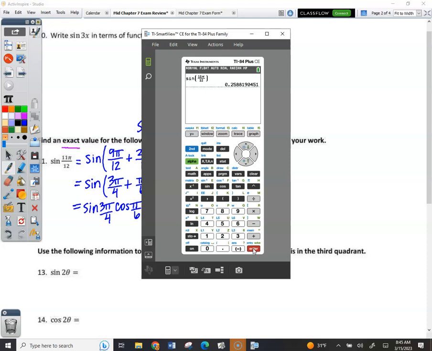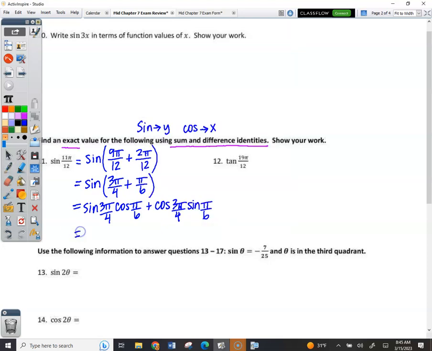So there's the final answer, which means when you go through the whole process and you get down to the final answer after you plug in the fractions here and then clean it up, you end up with square root 6 minus square root 2 all over 4. Eventually I've run out of room. I can't show you how I got there with that space.